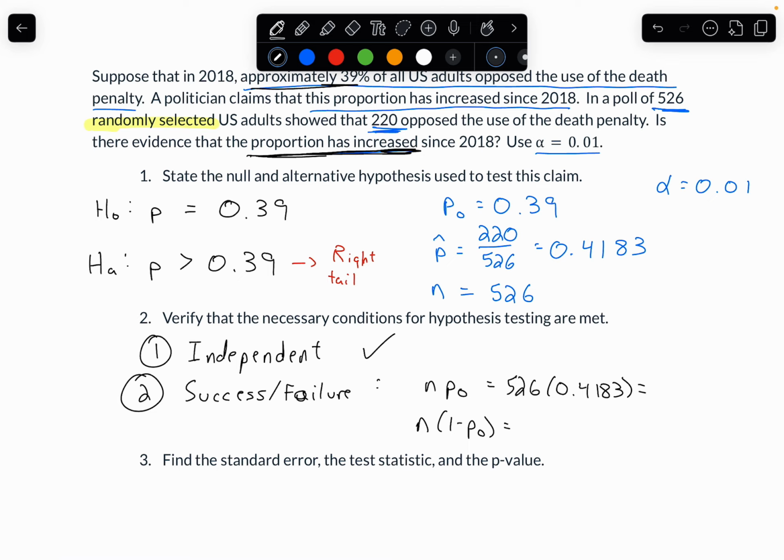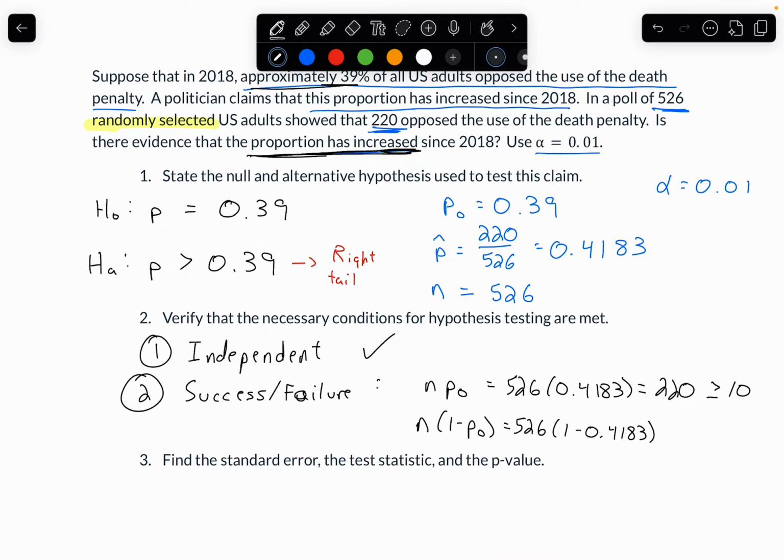I should end up with roughly 220, but let's just make sure. I ended up with about 220.0258. We'll just leave it at 220. We'll round it to the nearest whole number here. That is greater than or equal to 10, so that works. And then 526 times 1 minus 0.4183.